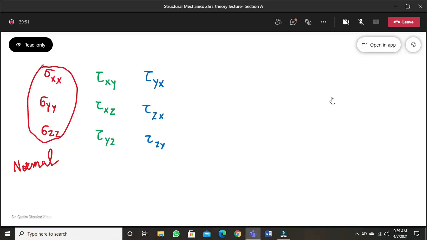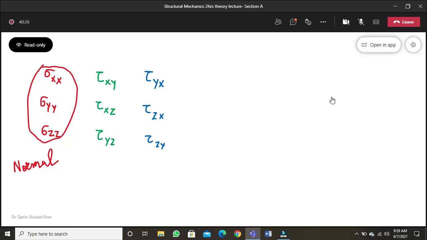Now come to the shear stresses. You have seen that on each face there were two shear stresses acting. If we write down those stresses, they were tau xy, tau xz, tau yz, tau yx, tau zx, tau zy. So these were the six shear stresses which are acting on the three faces of the element.